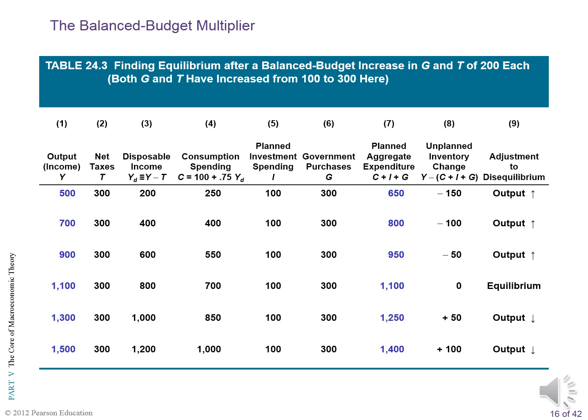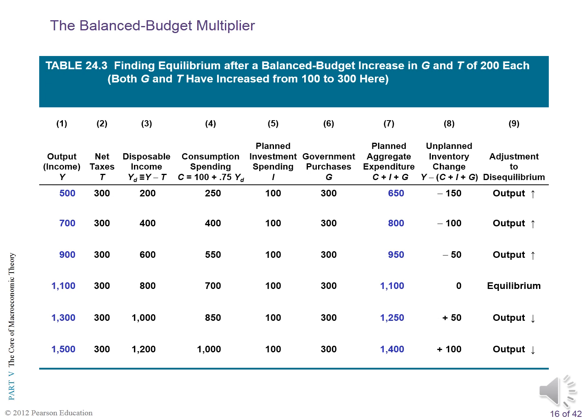The same way, if I want to do it as a schedule, let's assume that this is Y, the first column. Second column T: I increased T, it was 100, I increased it by 200, so it became 300. I calculated the disposable income, Y minus T: 500 minus 300 is 200, and so on. I calculated consumption as a function of disposable income.